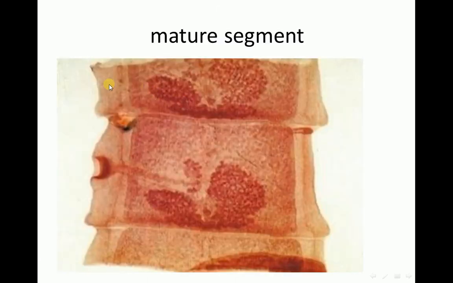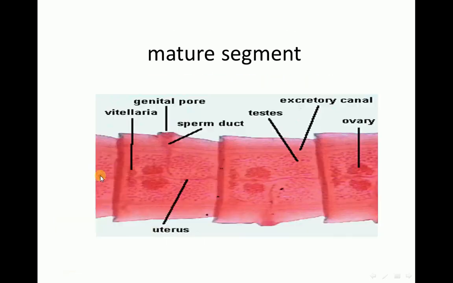Mature segment contains a complete set of male and female genital organs. These dots are testes, ovary, and uterus. The common genital pore is located at the lateral margin of the segment.